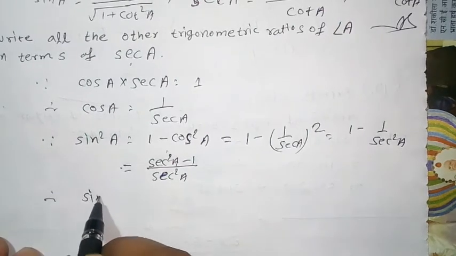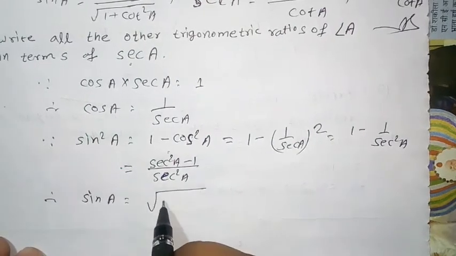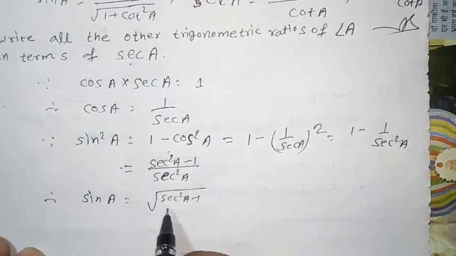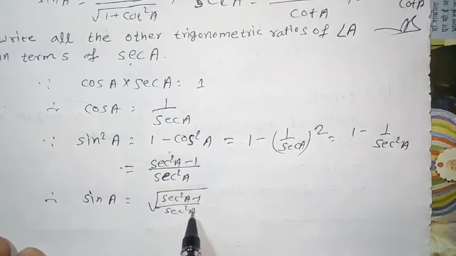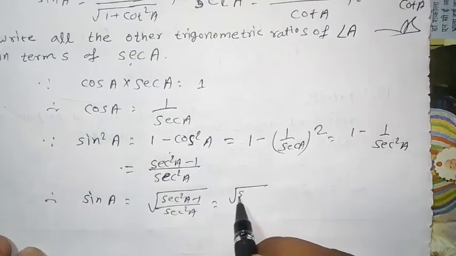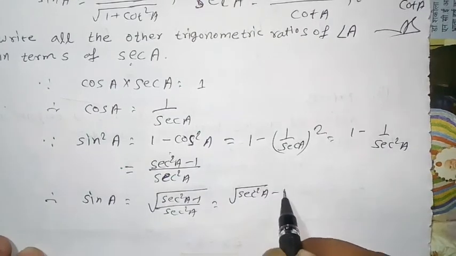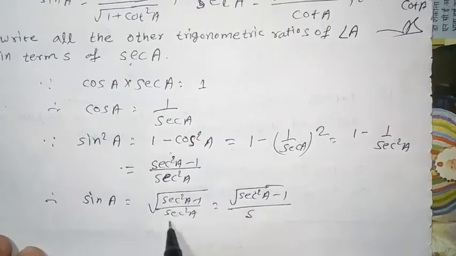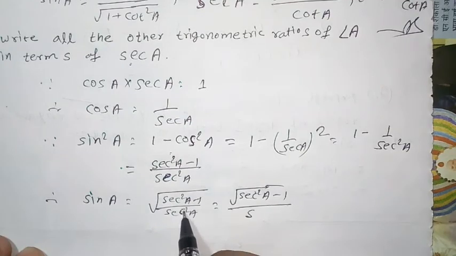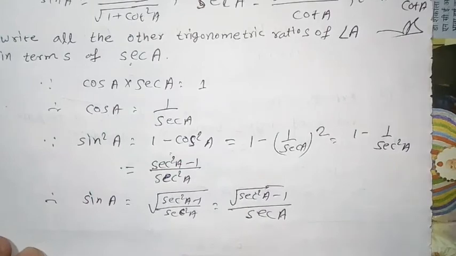Therefore sin A is equal to root under sec square A minus 1 by sec square A, is equal to root under sec square A minus 1 by sec A.